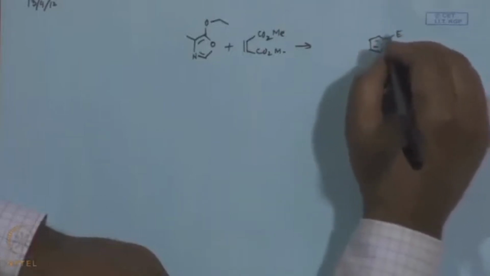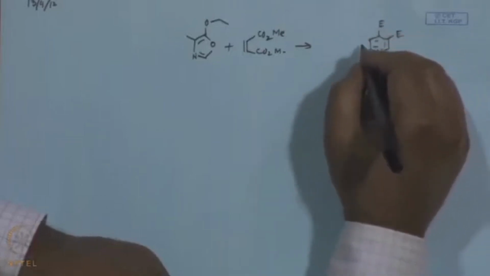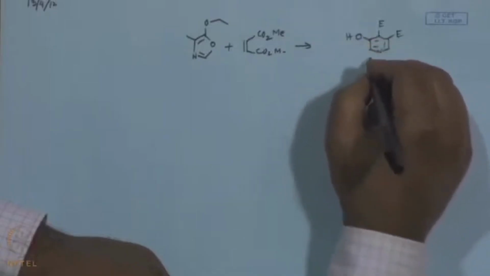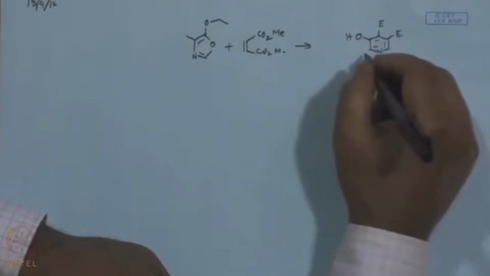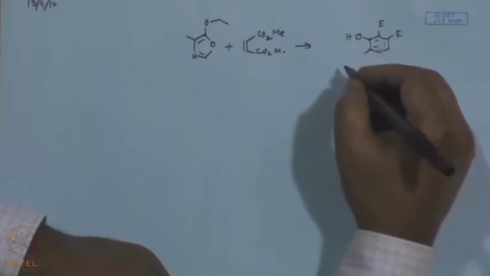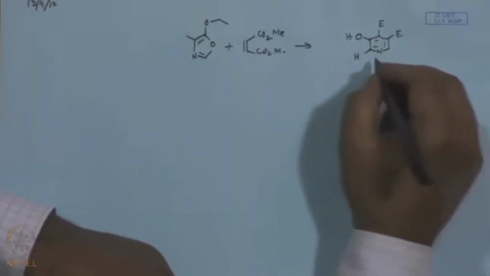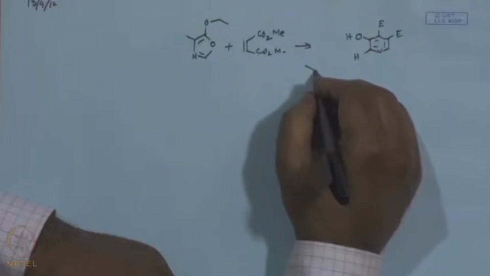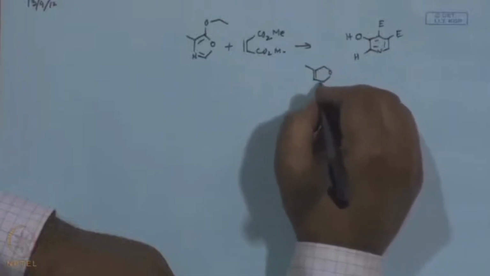Actually, the ester should be in 3 and 4 positions rather, and this OH is in 4 and 5 position, and OH is in 3 position, and then there is the hydrogen up here, and so intermediate, just do a small correction. Last time also we did this, we missed one nitrogen.